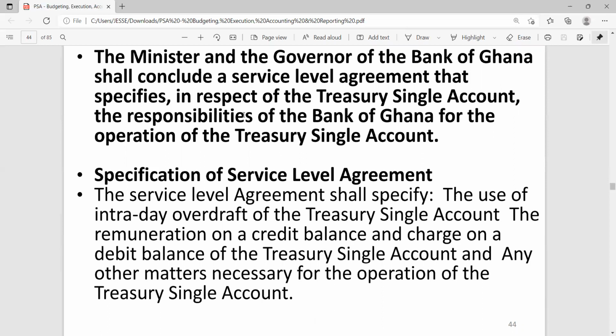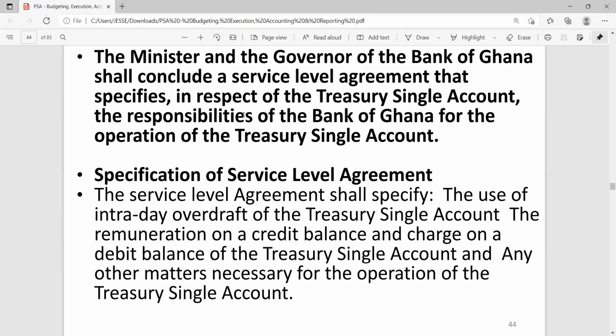The service level agreement, as I've already explained, is basically an agreement between the minister and the governor of the Bank of Ghana around the operation of the Treasury single account, right? Because the Bank of Ghana would be helping to operate this account. The service level agreement will specify three things. Number one, intraday overdrafts: if there are any overdrawn balances, they need to agree on that.